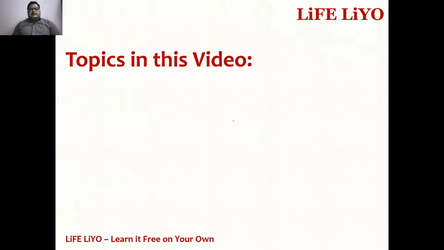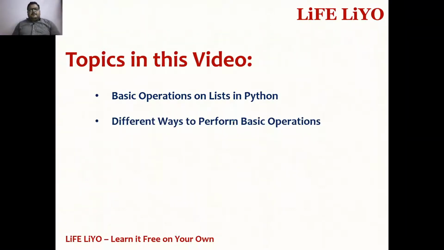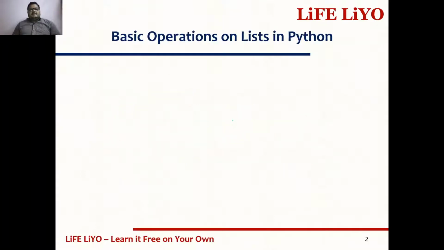In this video I am going to discuss what the basic operations on lists in Python are, the different ways to perform these basic operations, and examples of performing them. First, like variables, Python lists also support different operations.